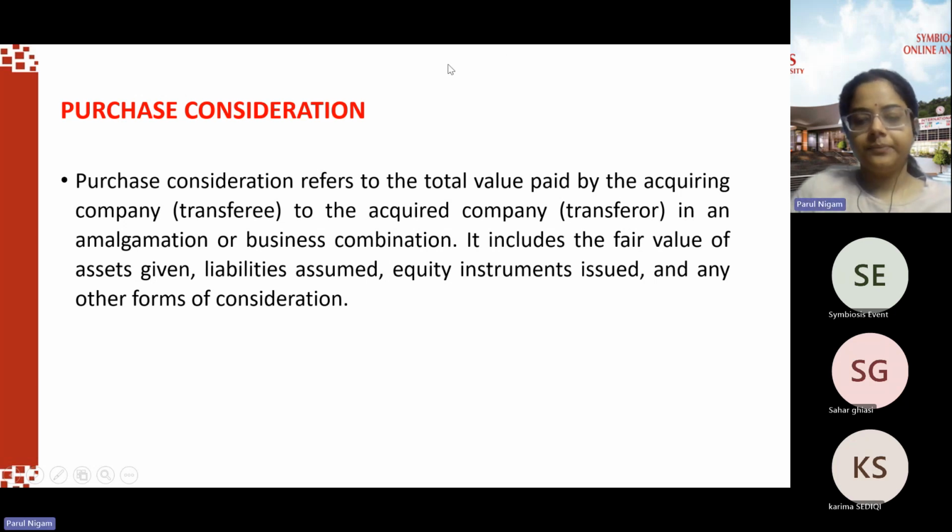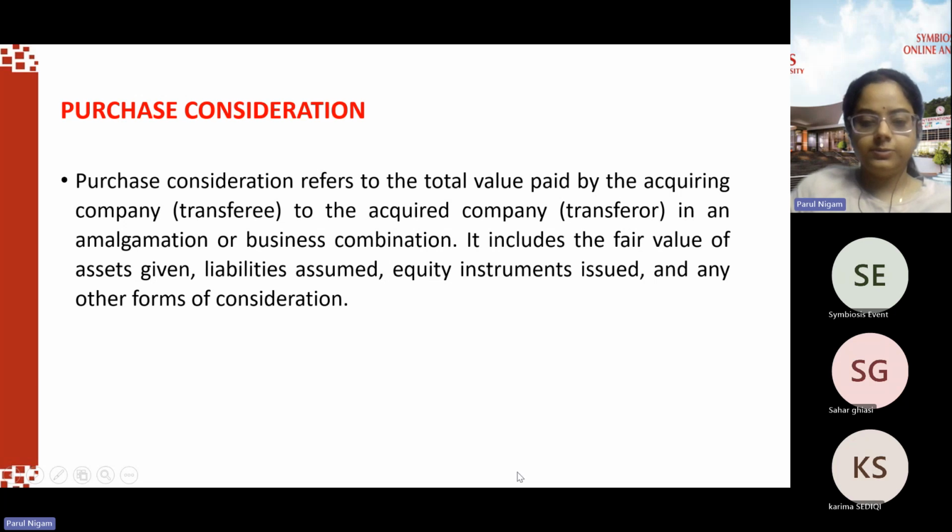So basically, when one company is purchasing another, or merging with another, or acquiring the other company, there is something which you need to pay to the shareholders of that company for that takeover.